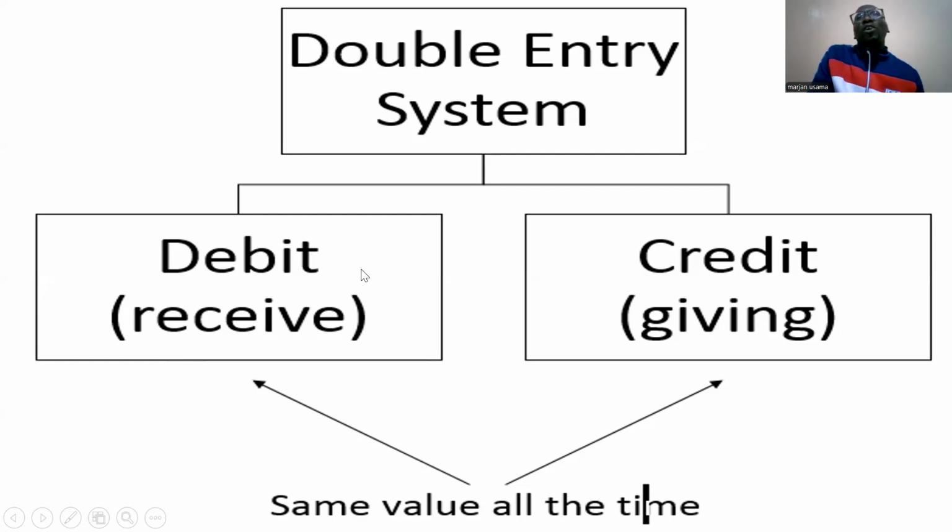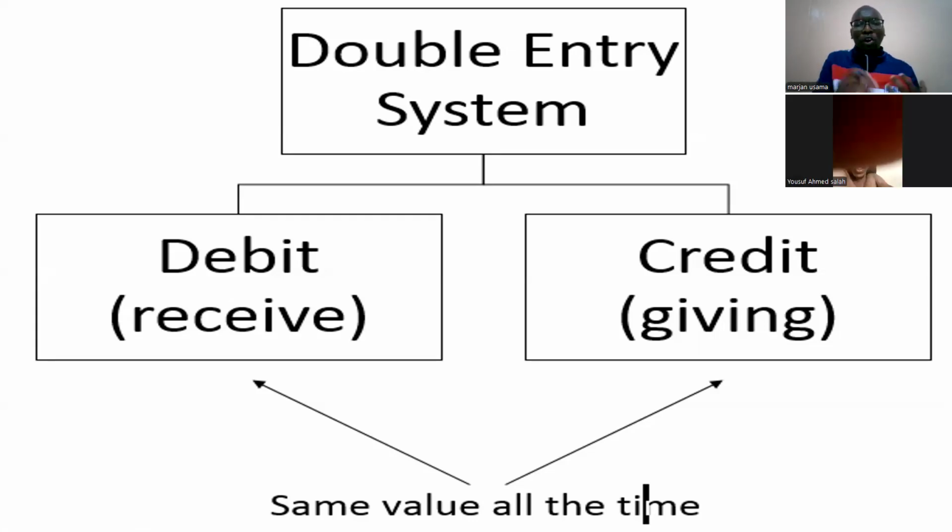The debit is always the account that receives, and the credit account is the one that gives. So always there will be one account that is giving, and there will also be one account that is receiving.